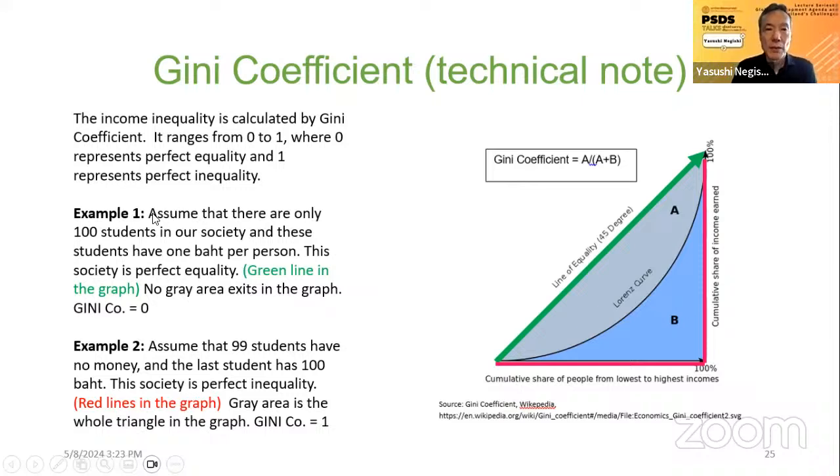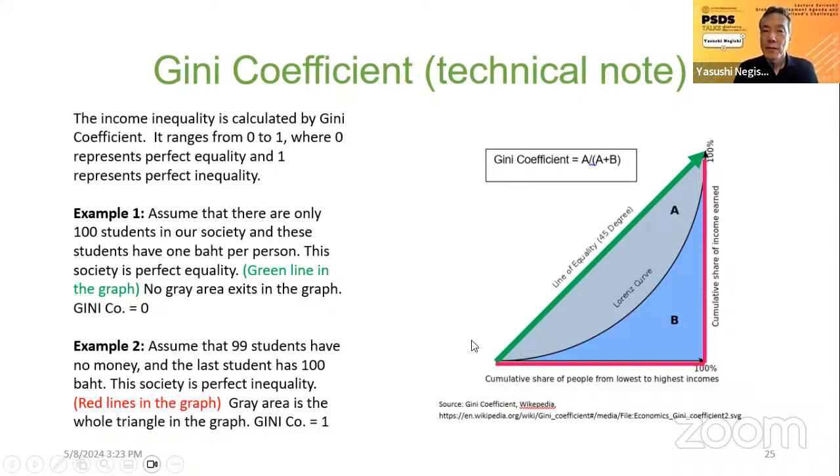So I put this simple example. Assume that there are only 100 students in our society, and these students have 1 baht per person. This society is perfect equality, right? Because everybody has only 1 baht, and the total asset is only 100 baht, shared by 100 students.